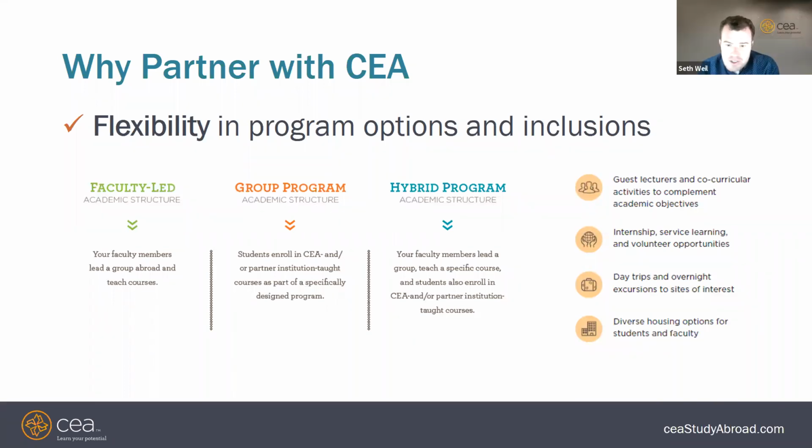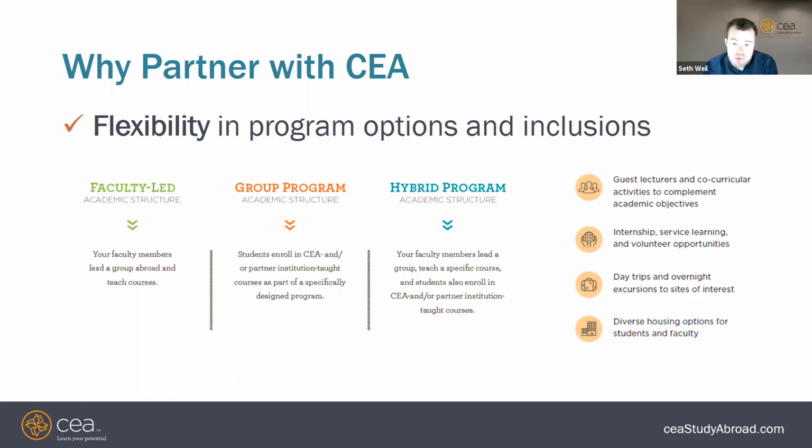So Emily talked a little bit earlier about the program model. CEA provides enormous flexibility in both program options and inclusions. From an academic standpoint, we offer 3 different program models, as Emily mentioned prior. Our faculty-led programs are group or hybrid. We can also collaborate on course development specifically for your program.